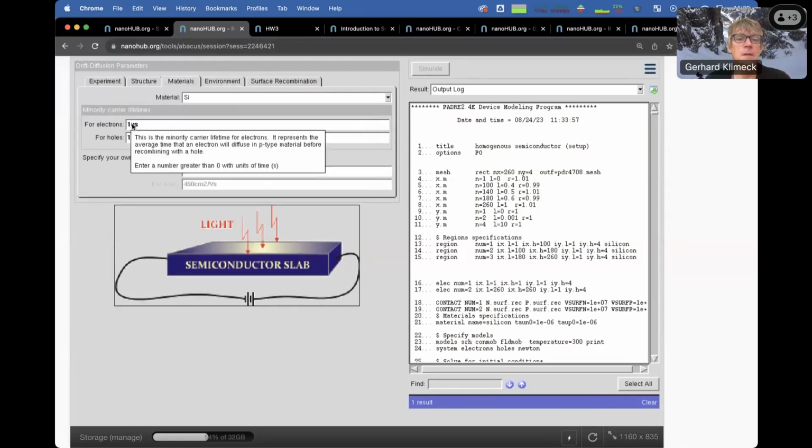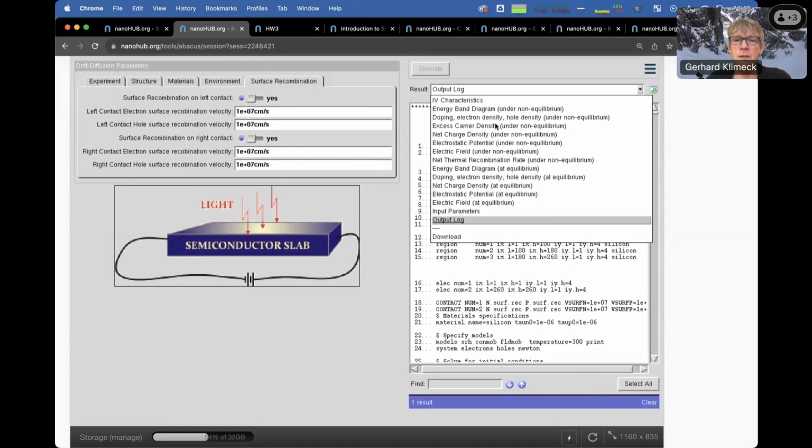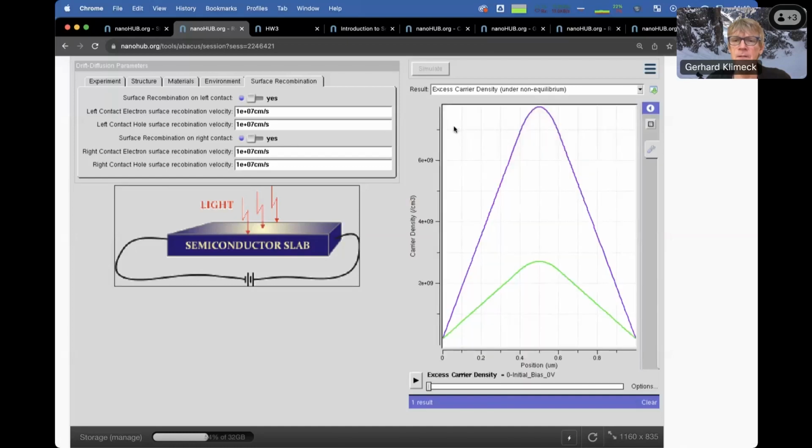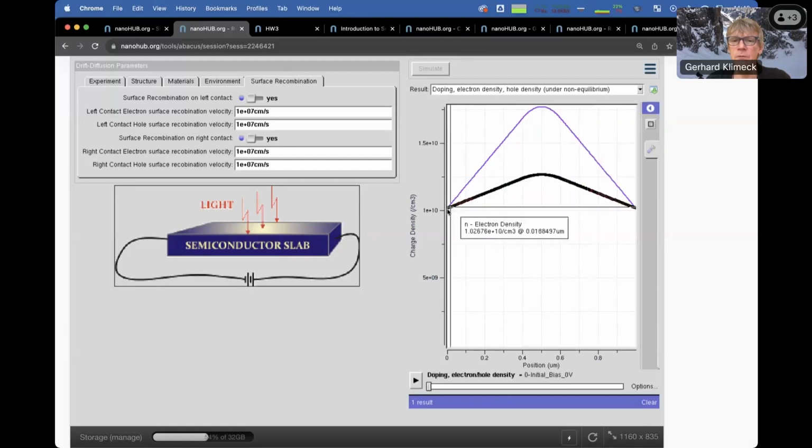The boundary condition that I had chosen is rather rapid recombination on the right. And what we saw there is the excess carrier density, right? You basically see the excess go to 0 and the absolute goes to roughly the intrinsic value.